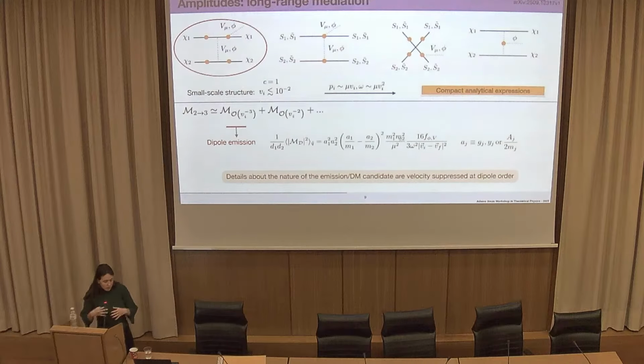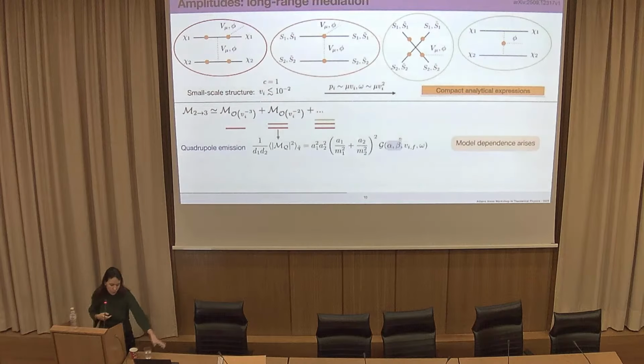Which means that at dipole order, the detail about the nature of the emission or the dark matter candidate is completely velocity suppressed, so you obtain a compact form that is only dependent on your coupling and on a small kinematic part. Once you have the same coupling to mass ratio, of course, this part cancels.